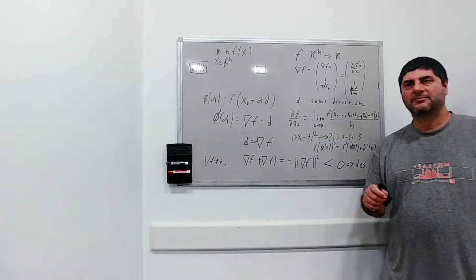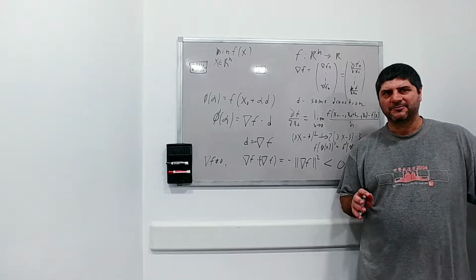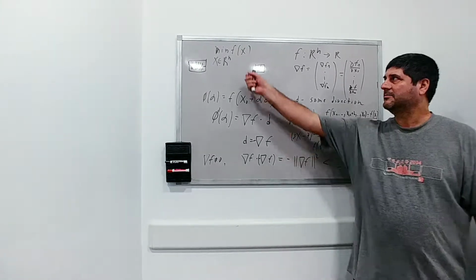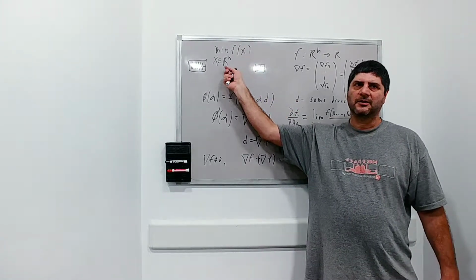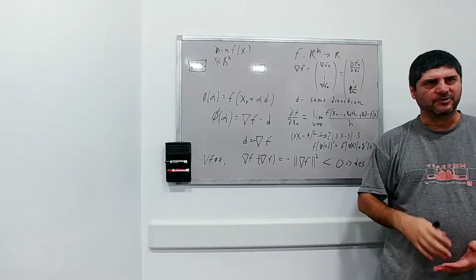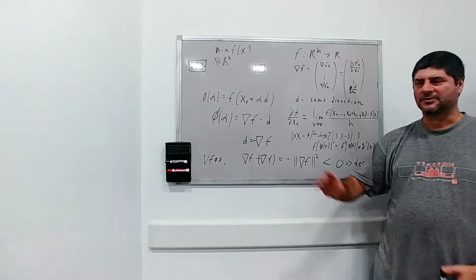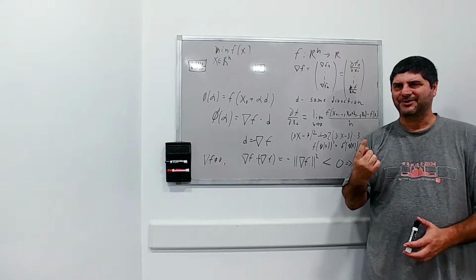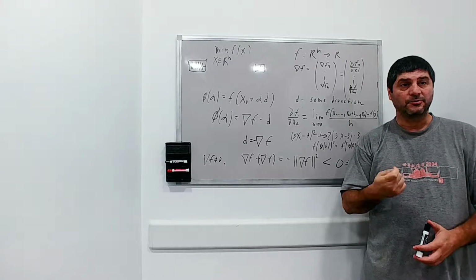So today we'll speak about descent directions, where we're trying to minimize a function without constraints. The function is continuous and differentiable, but it's not necessarily convex. So we don't know that there's one unique minimum.